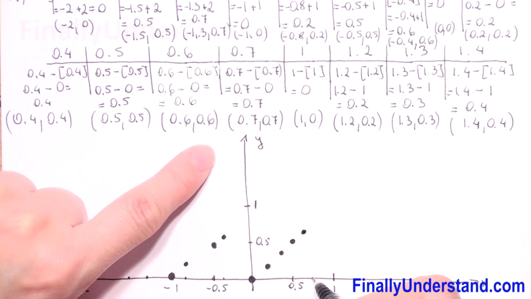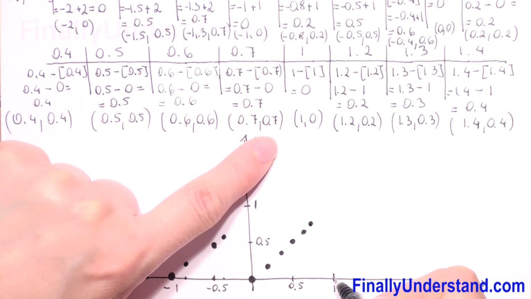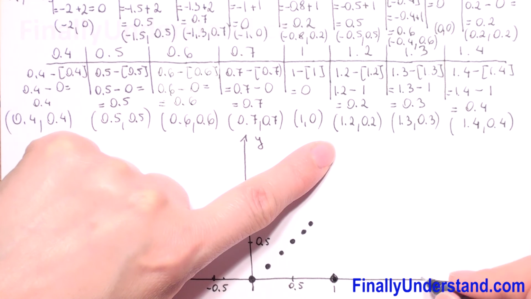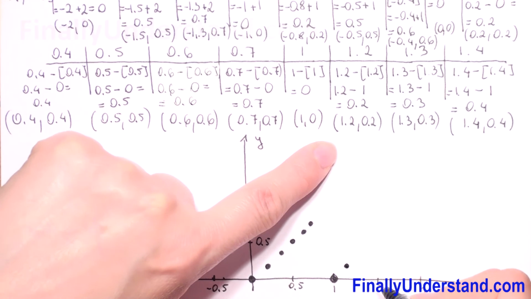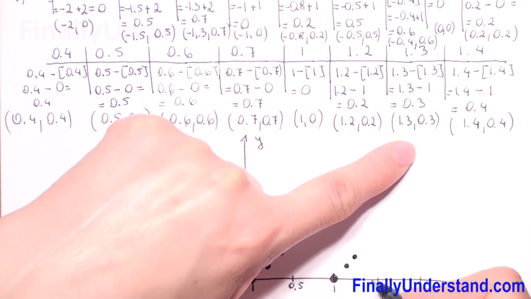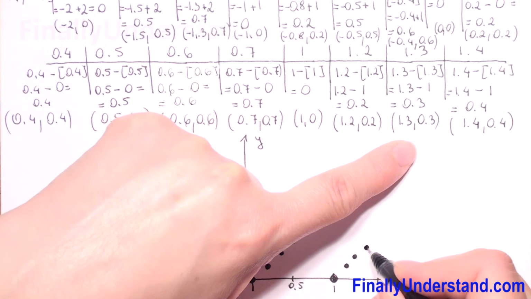For 0.7 it is 0.7. For 1 we have value 0. For 1.2 it will be approximately here, with value 0.2. For 1.3 we have value 0.3. For 1.4 we have value 0.4, approximately here.